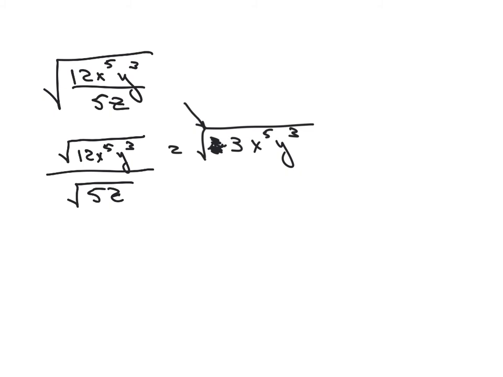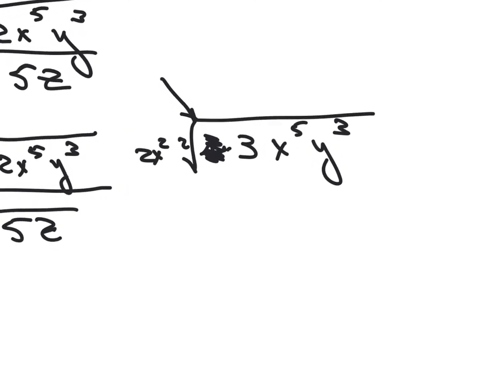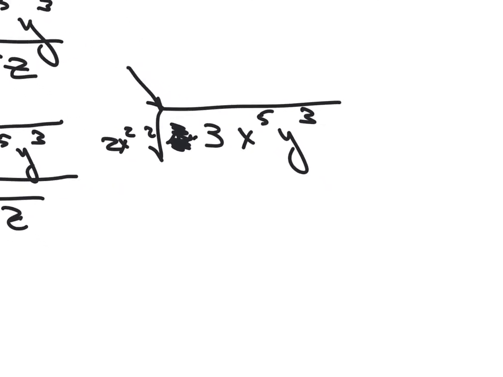Now I need to look at my x to the 5th and y cubed. Okay, so remember this index, if I don't put one in there, it's an assumed 2. So how many times does 2 go into 5? It goes into it twice. So I have x squared. Make it a little bigger there. So x goes into it, 2 goes into 5 twice with 1 left over.